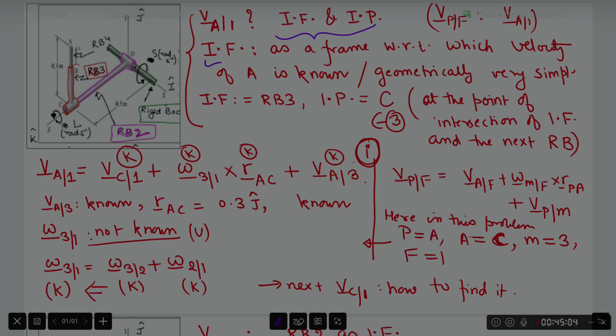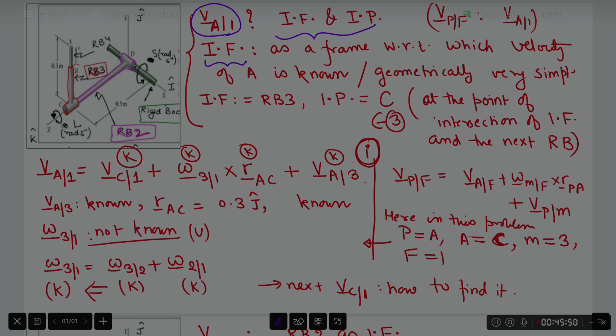I choose my intermediate frame as a frame with respect to which the velocity of A is known or geometrically very simple.